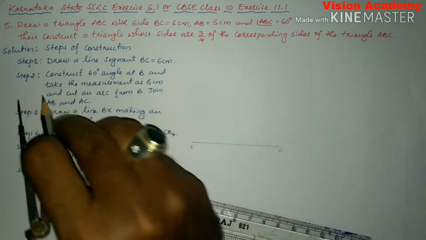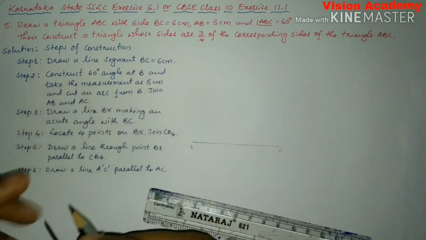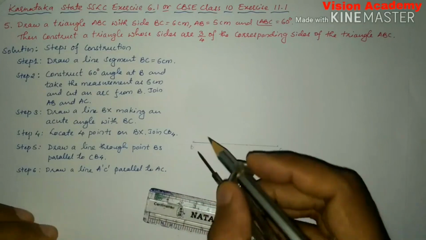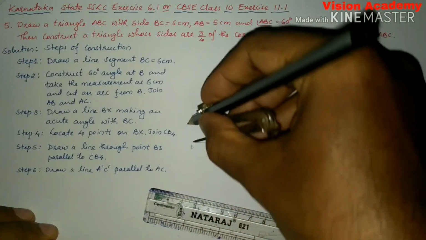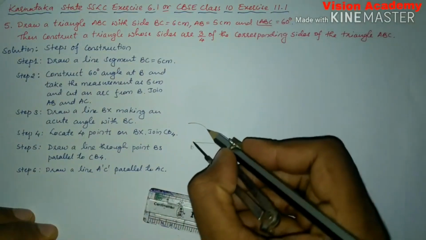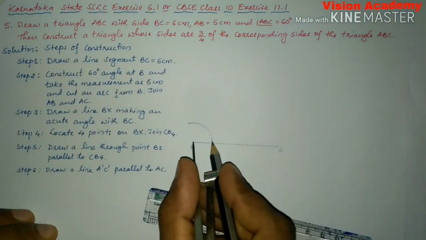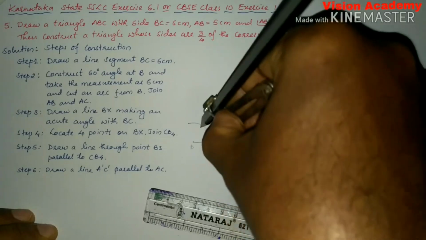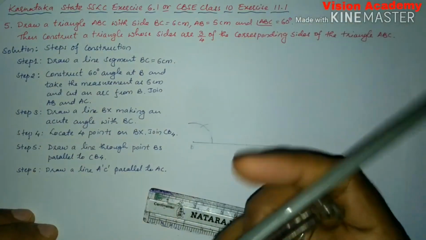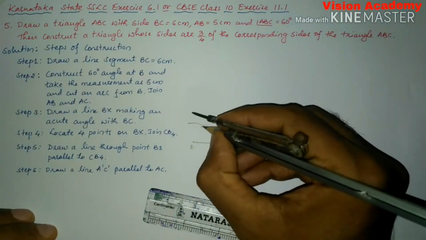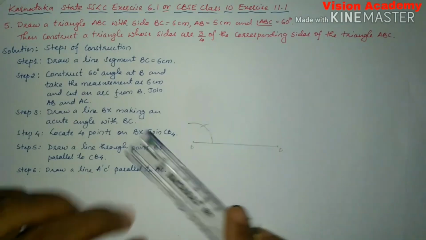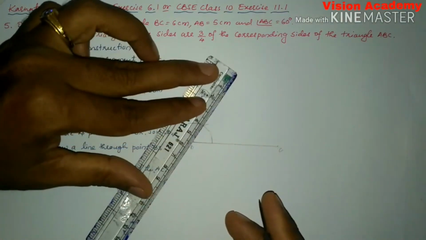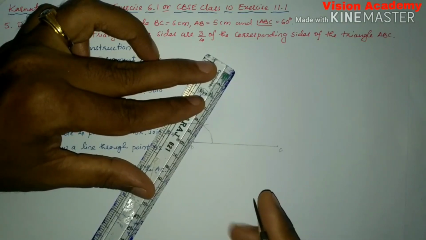Now we'll move on to step 2, construct 60 degree angle at B. So from B we will draw an arc and keeping on this point we'll cut this, and here we are going to get one point through which we are going to draw a line that forms a 60 degree.